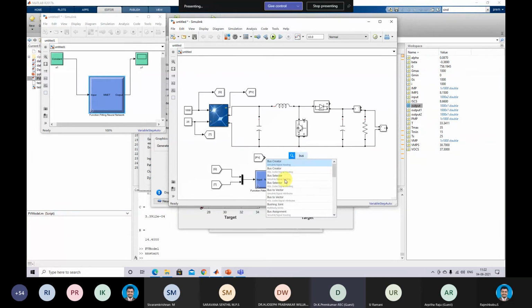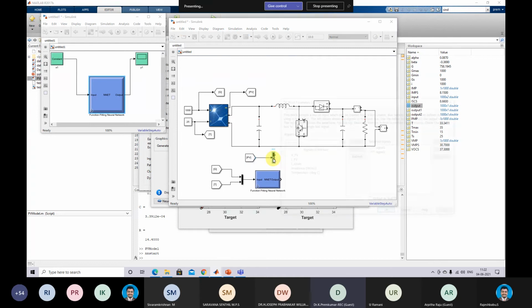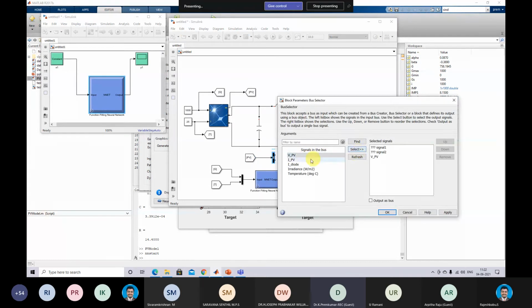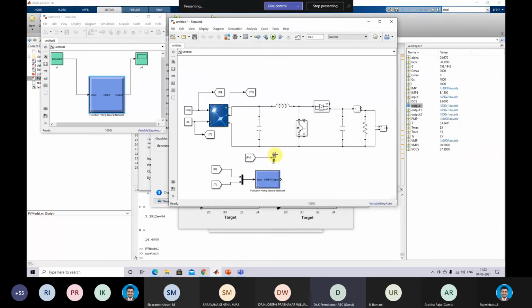I'm going to select only voltage from that PV panel, or voltage and current from that PV panel. For this voltage and current, you have to remove these two signals. First one is voltage, second one is current, right? Next I'm going to compare the actual voltage of the PV panel with the neural network output.